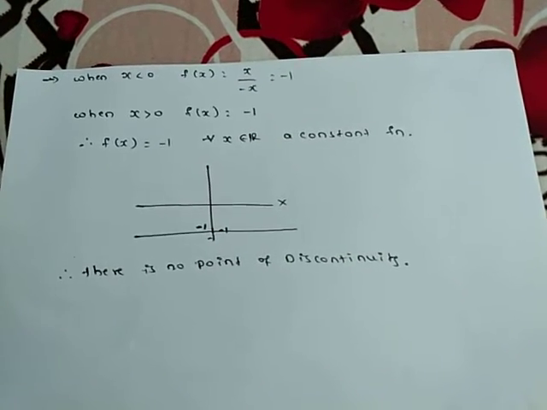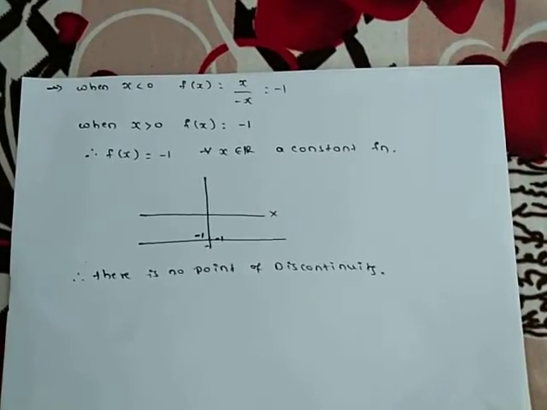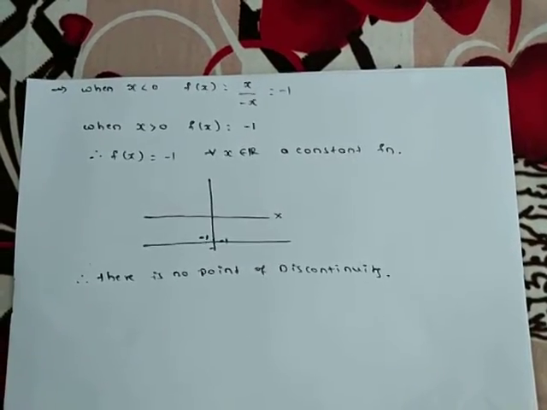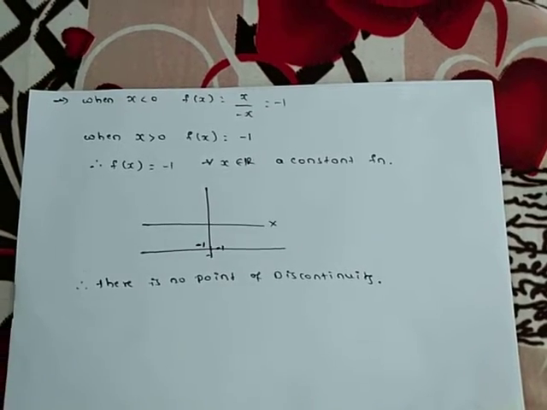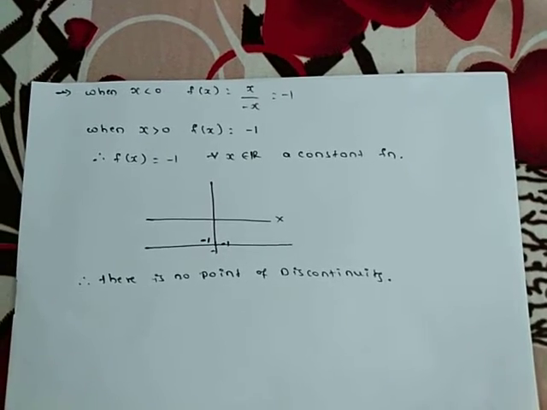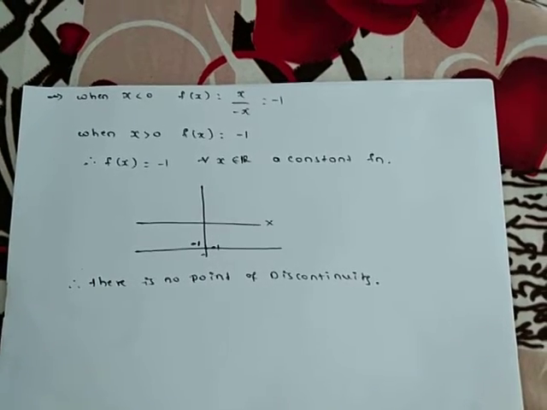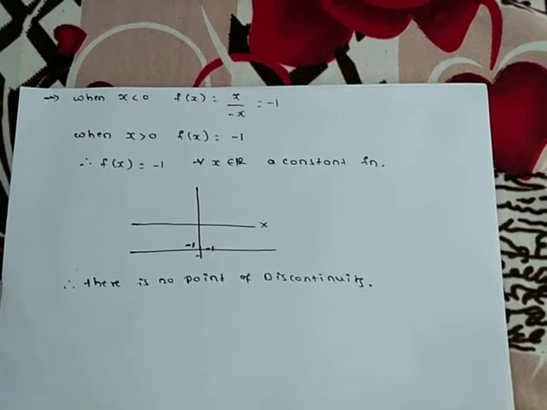When x is less than 0, f of x is equal to x divided by minus x, which is nothing but minus 1. When x is greater than 0, f of x is equal to minus 1. When we substitute x equal to 0, f of 0 is minus 1, which is already given in the question.